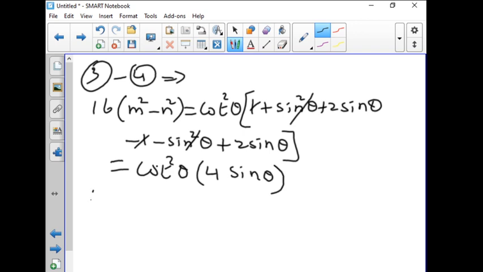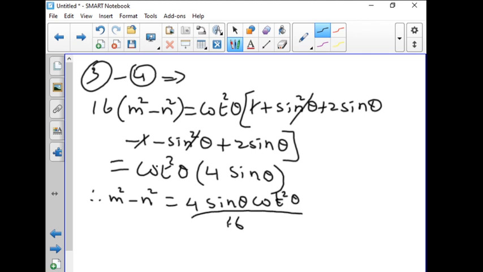Therefore m square minus n square is equal to 4 sine theta into cot square theta by 16. What is cot square theta now? It is cos square theta by sine square theta. So it is 4 sine theta into cos square theta by 16 sine square theta.